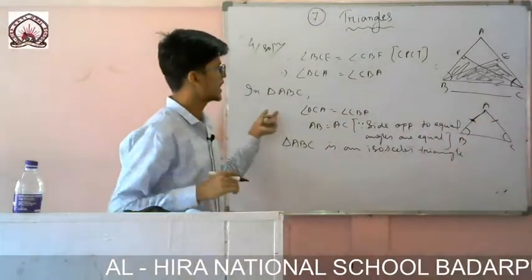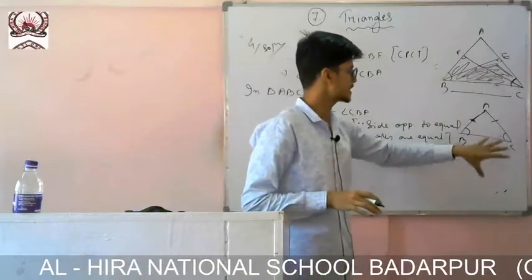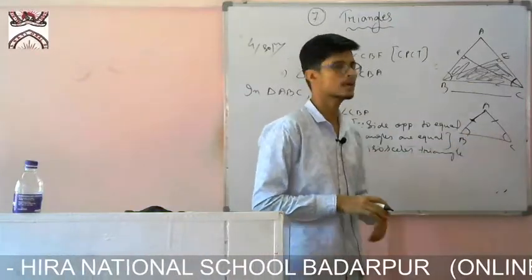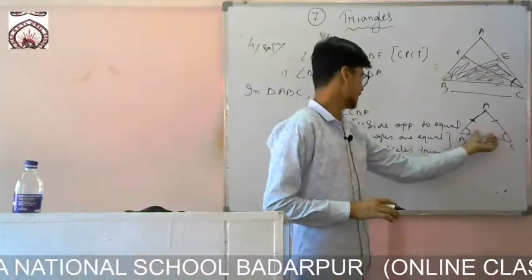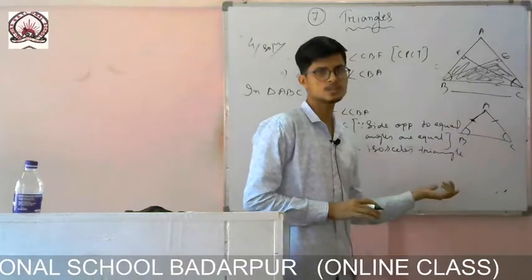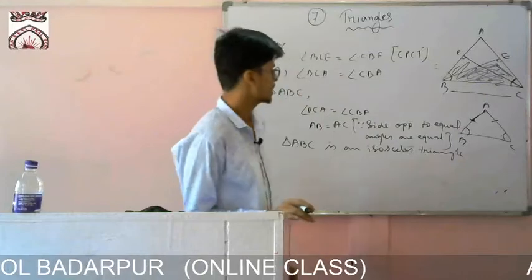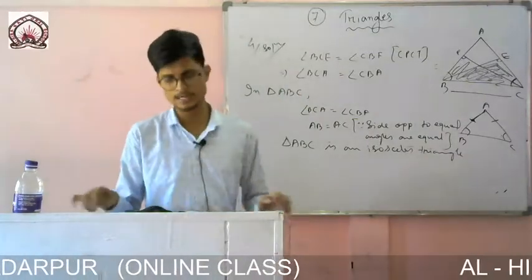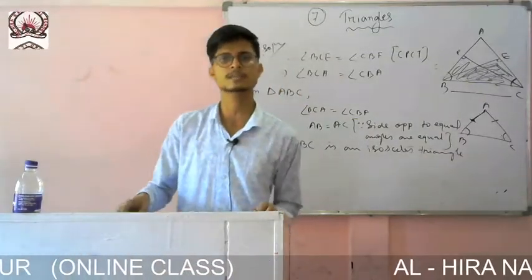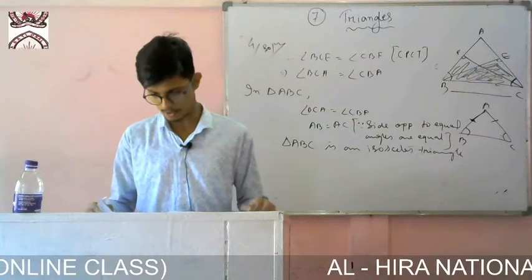Now if I take ABC as a triangle and these two angles equal, then we know that if the angles are equal, then opposite sides are also equal, that is AB will be equal to AC. So if AB is equal to AC, that means in a triangle if two sides are equal, then we can say that it is an isosceles triangle.